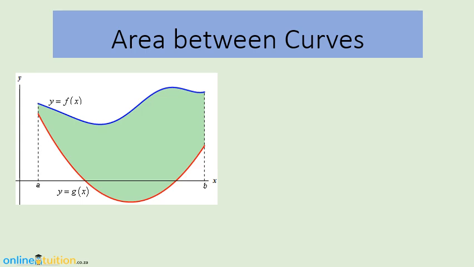Okay, so they can also ask you to work out the area between curves. So if you look here, I've got two curves, y equal to f of x, which is the blue curve, and I've got y equal to g of x, which is the red curve. And I want to find the area of that green region. So the bounds are from A to B. And you can see very quickly, if I want the area, remember, I want to sum this up as a series of rectangles.